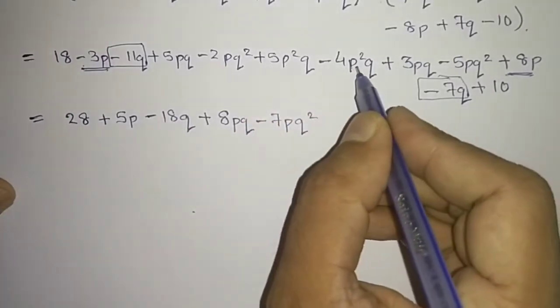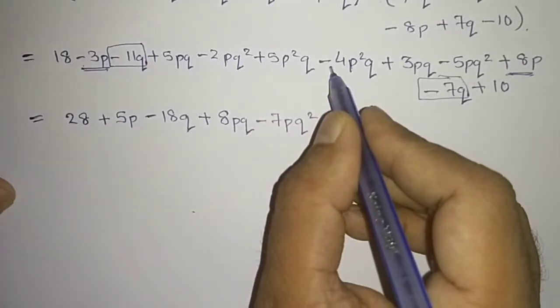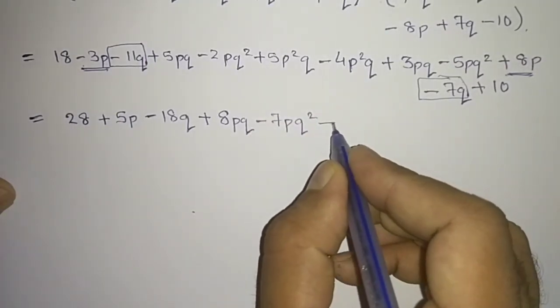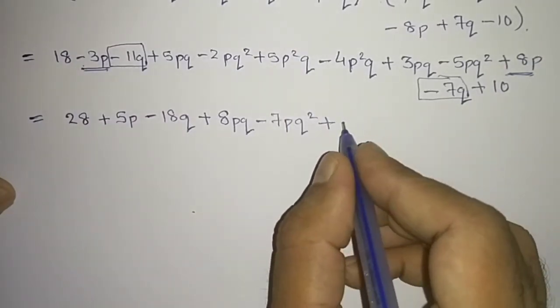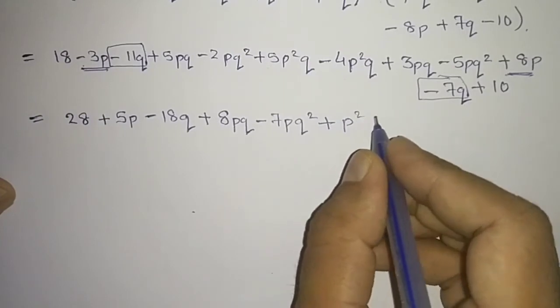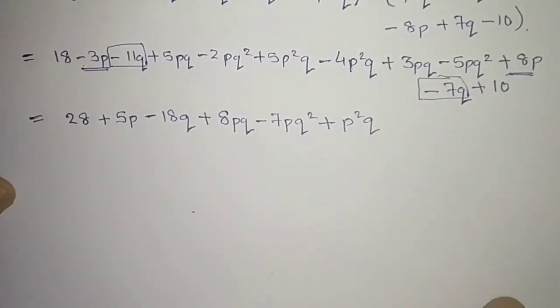I will look for the same term. It is p square q. So 5 minus 4. Again plus sign is greater, so I will keep plus sign. 5 minus 4 is 1, but 1 is only 1, so it is okay to write p square q.